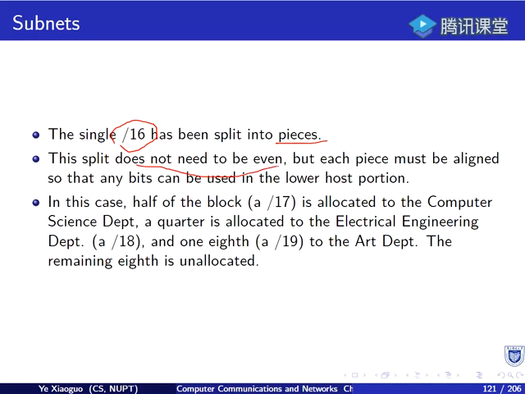This split does not need to be even. Some pieces may be large, some pieces may be smaller. But each piece must be aligned so that any bits can be used in the host portion. In this case, half of the block is allocated to the computer science department.